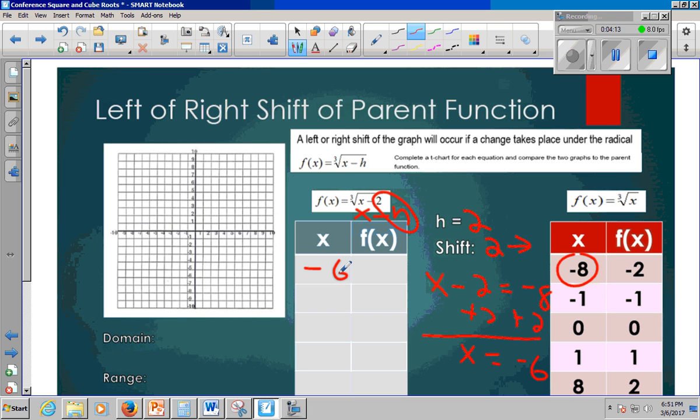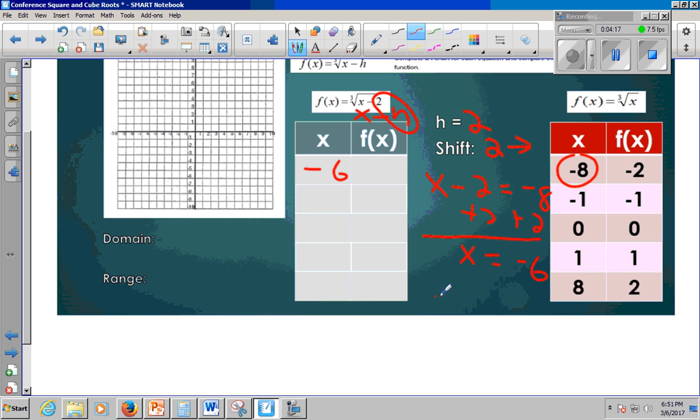And if I take the cube root of negative 6 minus 2, we'll get the cube root of negative 8, which is negative 2. Okay, so far, notice the negative 2 is the same as the y column. And let's just take note that if you add 2 to negative 8, you get negative 6. So I'm actually shifting my x column over 2.